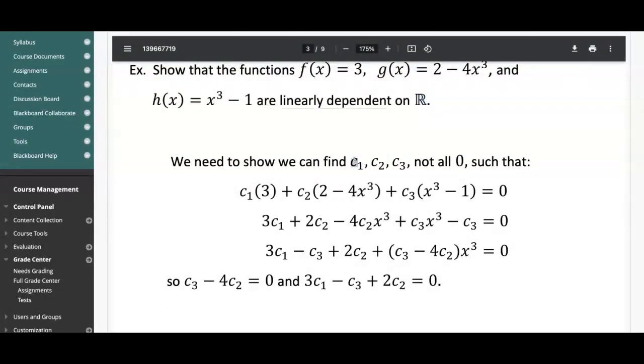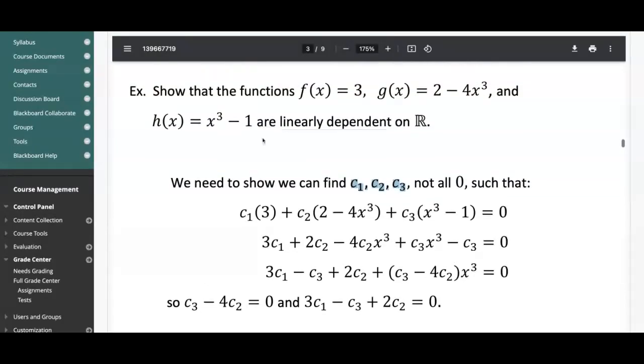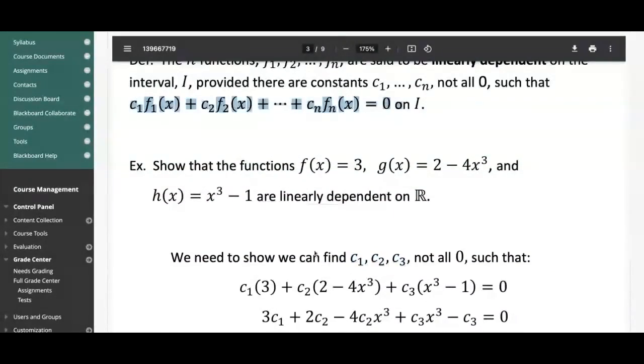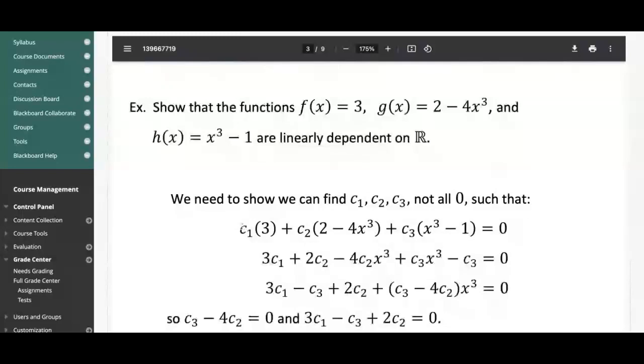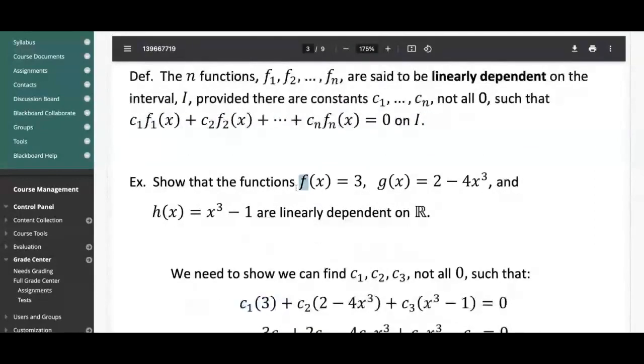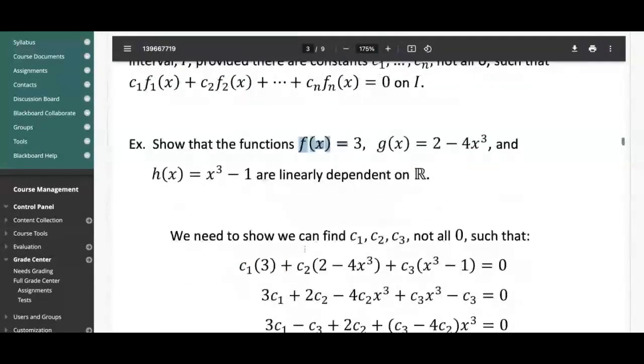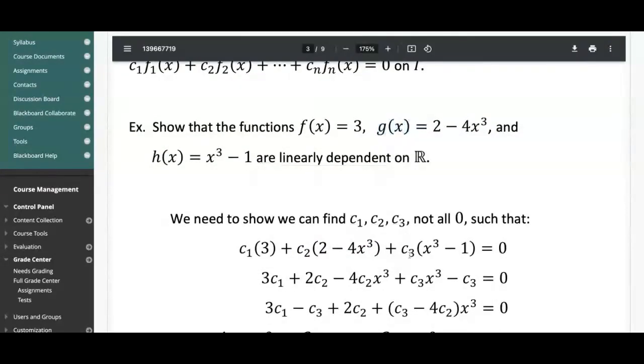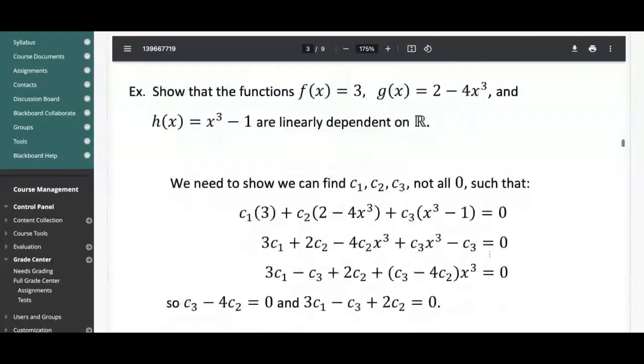So we need to show we can find such 3 numbers, not all 0 at the same time, and then if we put them in, we get this equal to 0. So C1 F plus C2 G plus C3 H equals 0.